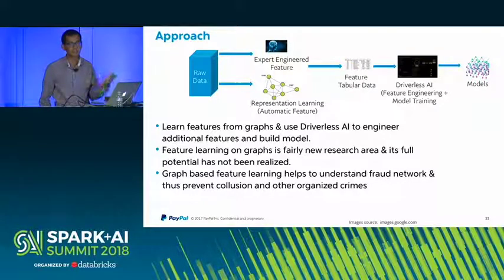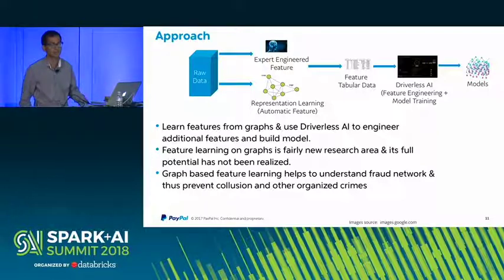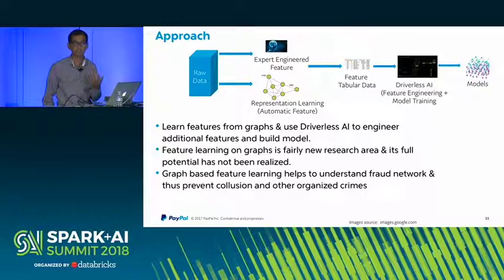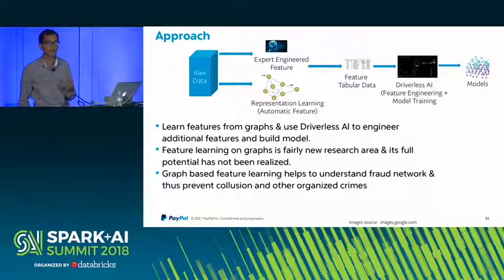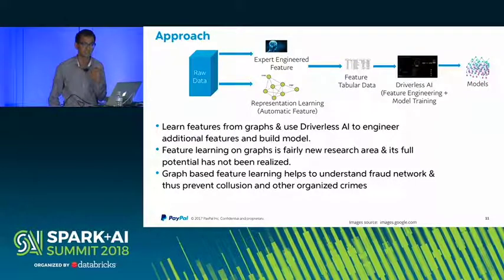So the representation learning is applied to a graph structure, which is a structured data format rather than unstructured data like images. We use a combined feature space to build our machine learning model. Even today, for machine learning models, you need a feature vector, which is tabular data. So the learned features are fed into our downstream machine learning pipeline to build our supervised machine learning models.